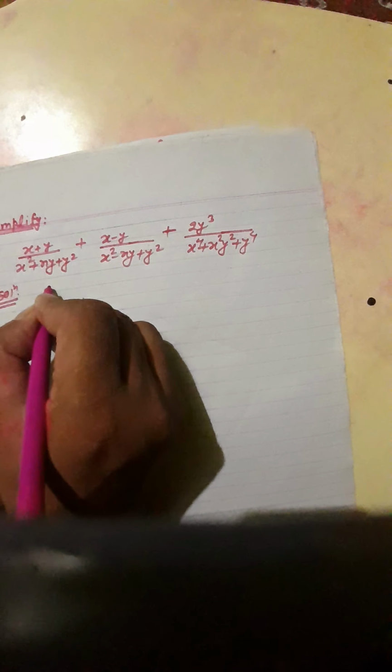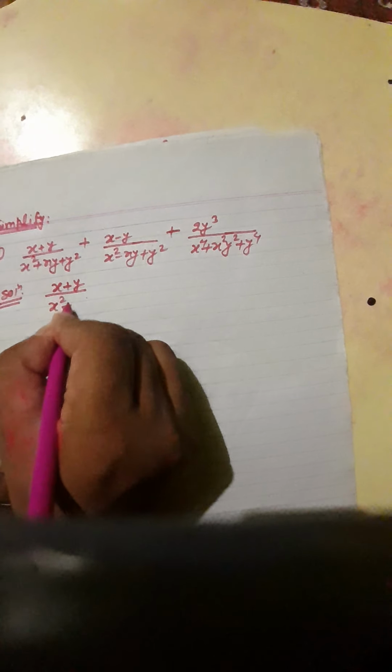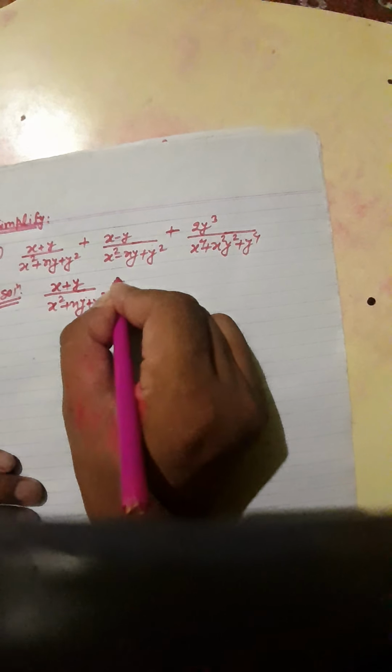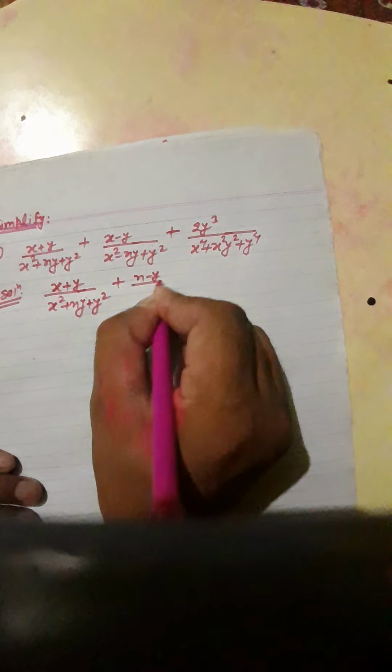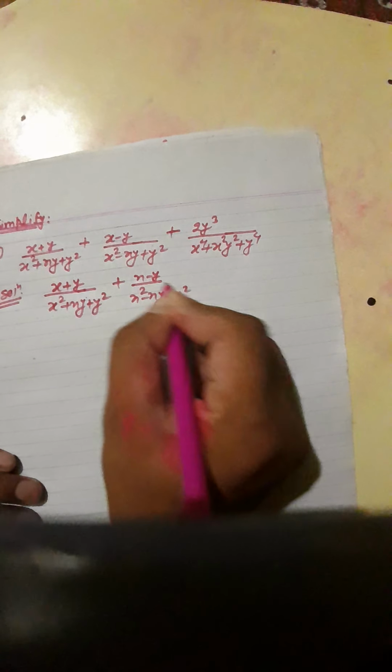So let's start. These two we have to do first. I am going to simplify these two expressions, x plus y upon x square plus xy plus y square, plus x minus y upon x square minus xy plus y square.